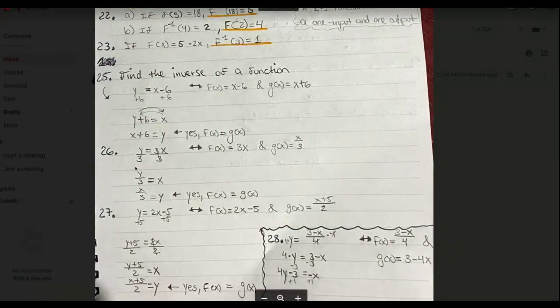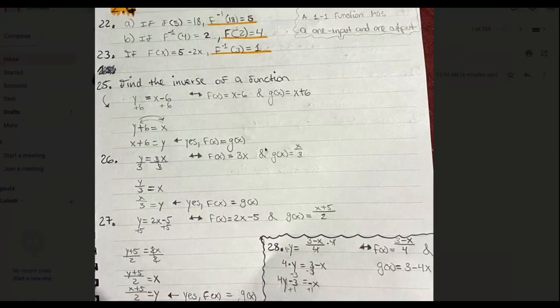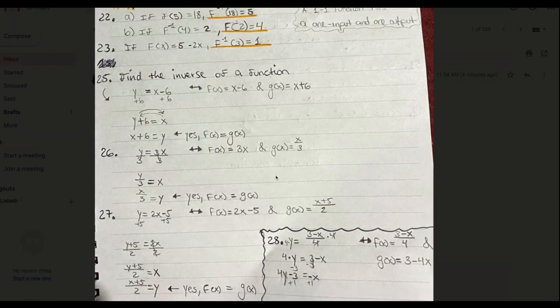If you want me to... Hold on a second, Lisa. Let me ask you this. The question is asking us to find the inverse of a function, right? Well, it actually says to make sure that f of x equals g of x. So I didn't have to find it, but I had to make sure that f of x equals g of x.